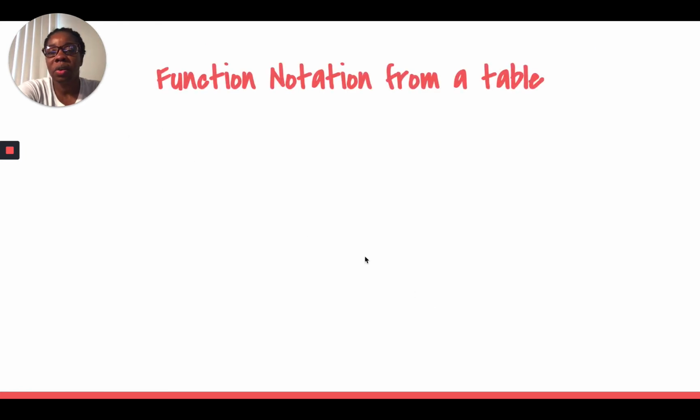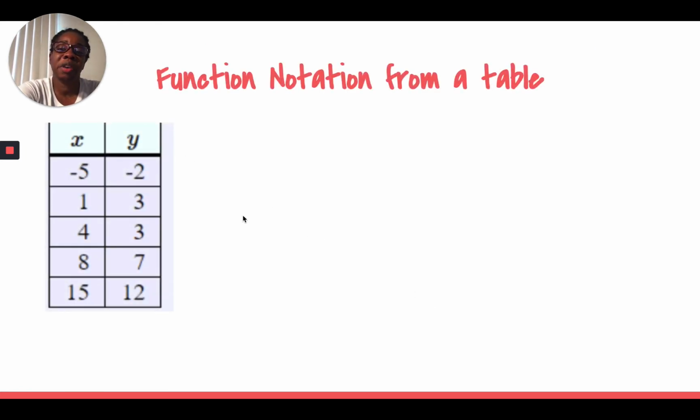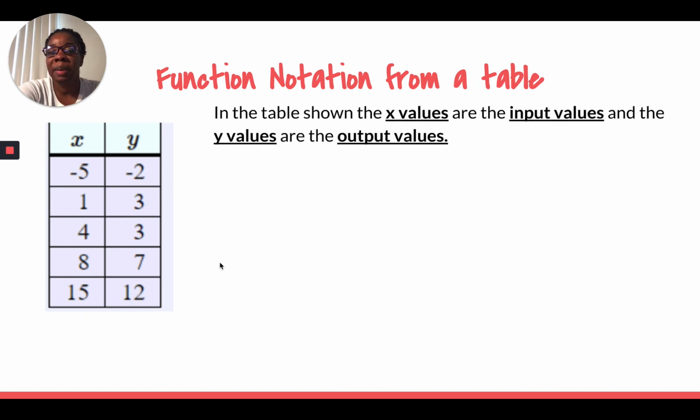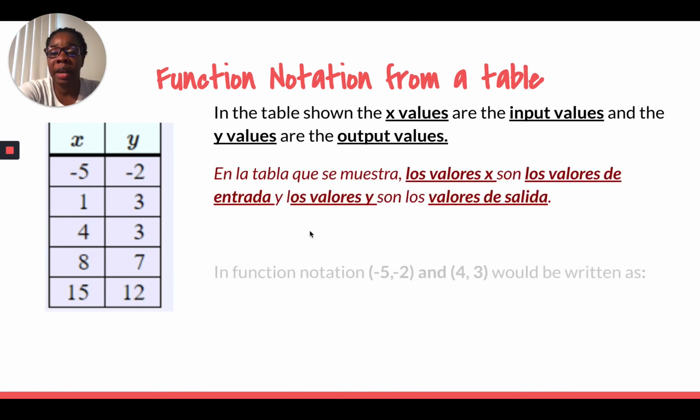We can also write function notation from a table. So for example, we have the table of values here where our first set of values on the left are our x values or x coordinates, and the ones on the right, we call them our y values or y coordinates. Now in the table of values shown, the x values are the input values that would go in the function, and the y values are the output values, so that's what we get out.